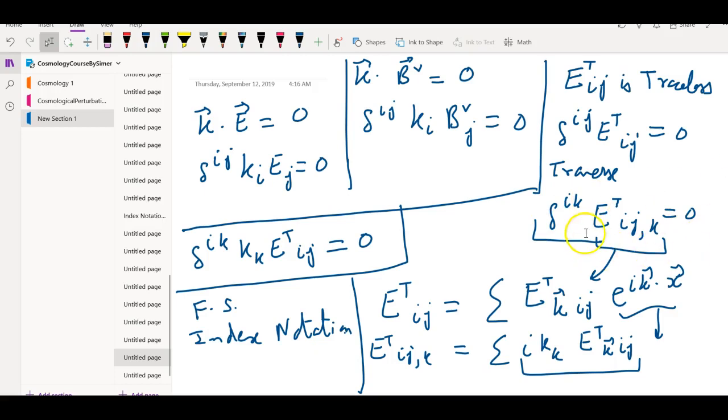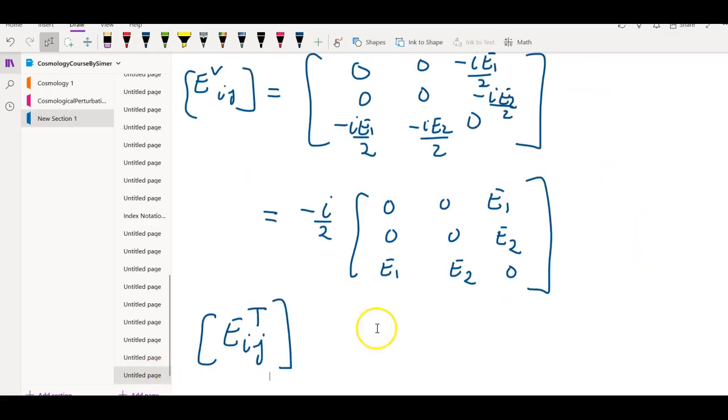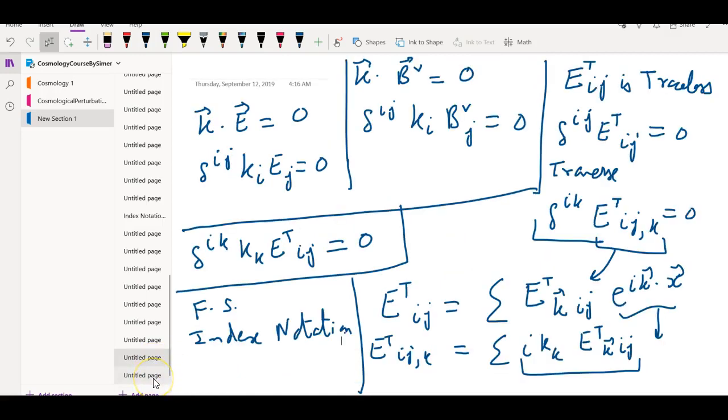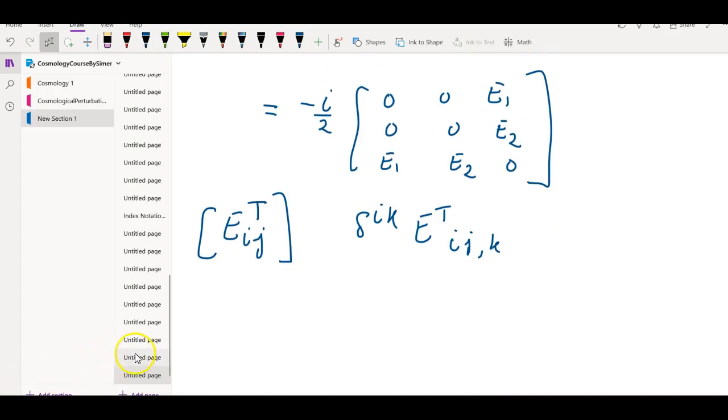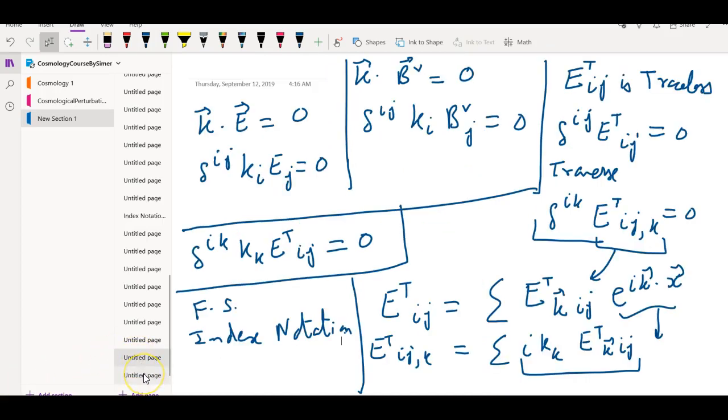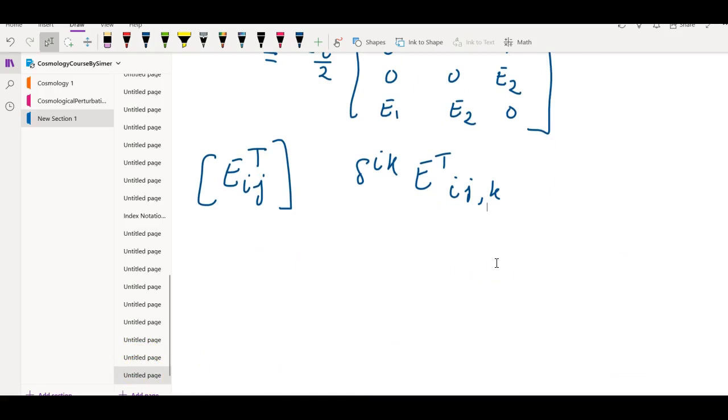Let us see what we get from it. We can write this as delta IK, ET IJ comma K.